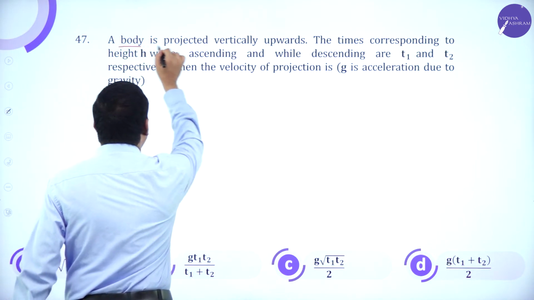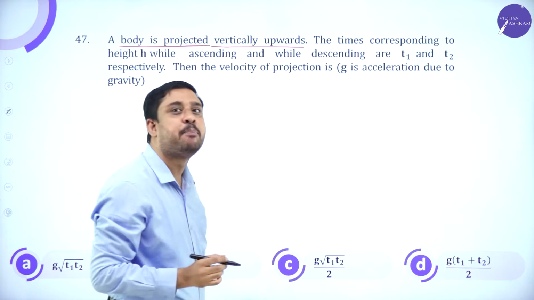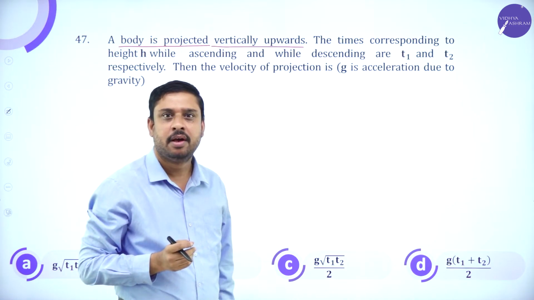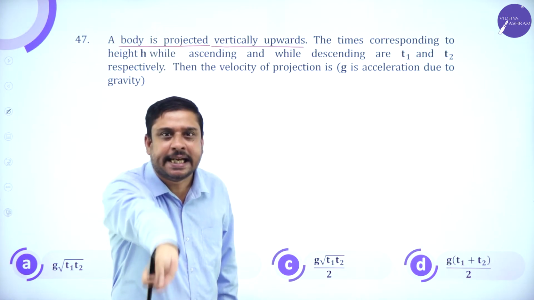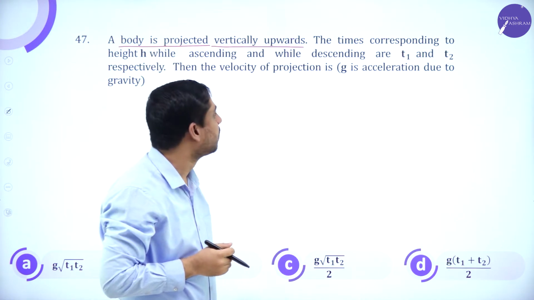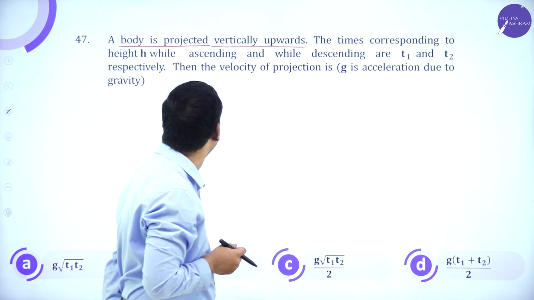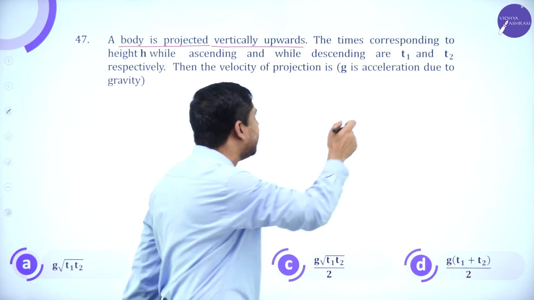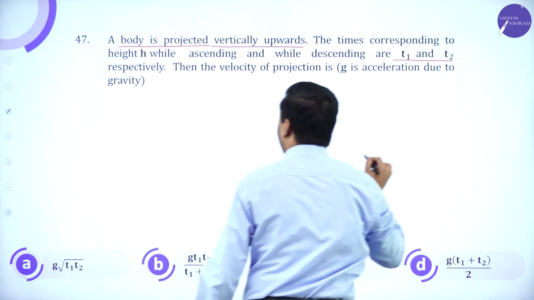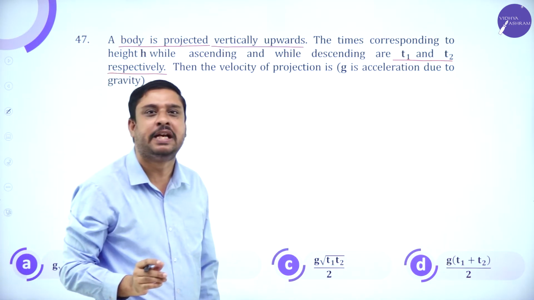A body is projected vertically upwards. The times corresponding to height while ascending and descending are T1 and T2 respectively.